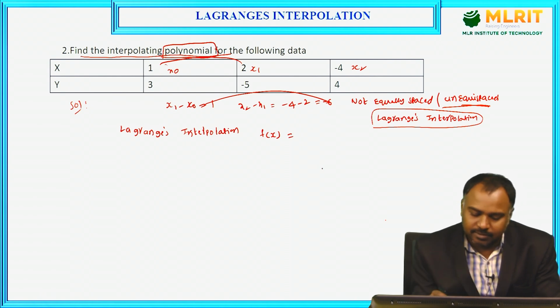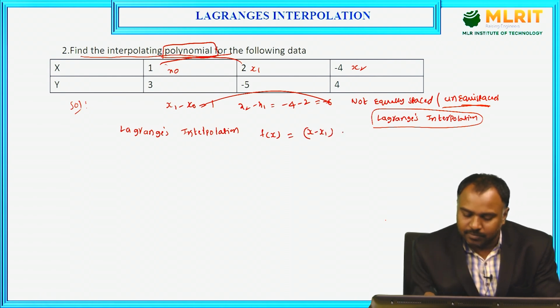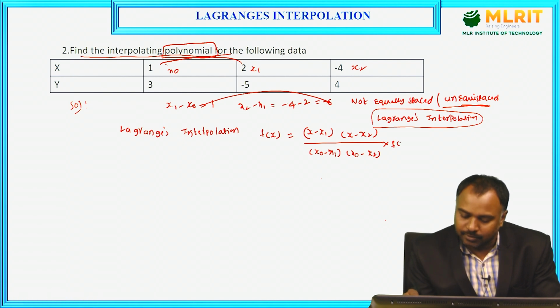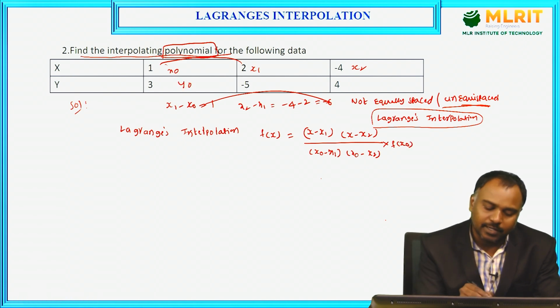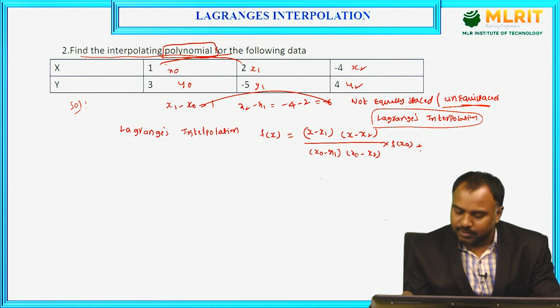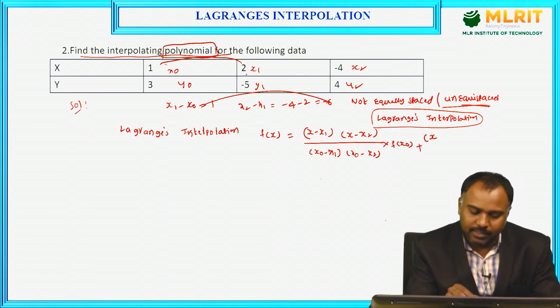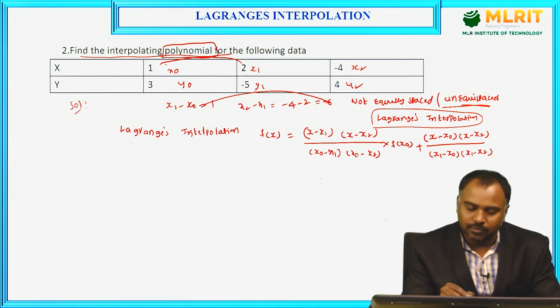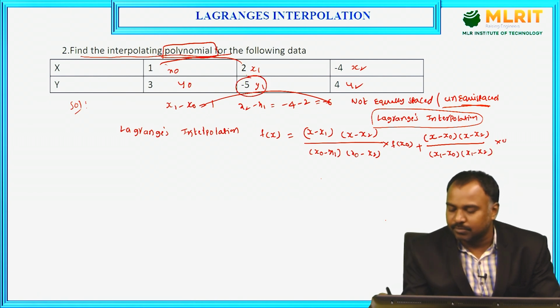So the first term, except x0, is x minus x1, x minus x2 divided by x0 minus x1, x0 minus x2, into that respective function value, either you denote f of x0 or y0, anything is okay. Similarly, the second term, except x1: x minus x0, x minus x2 divided by x1 minus x0, x1 minus x2, into the respective function value, which we denote simply with y1.